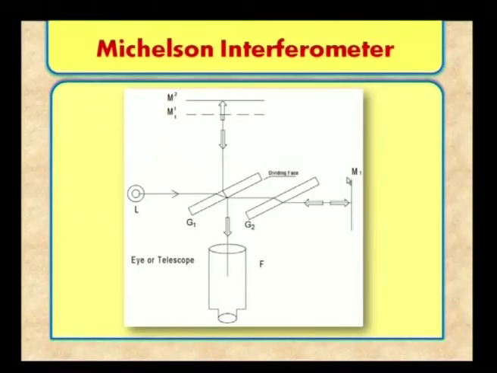Similarly, when you go to the Michelson interferometer, you have seen the interferometer earlier. Mirrors that you have got are M1 and M2. M1 is a stationary mirror, whereas M2 is a mobile mirror. The mirror M2 can be moved. If the distances separating this point and M1 and this point and M2 are equal to one another, then you will be getting circular fringes.